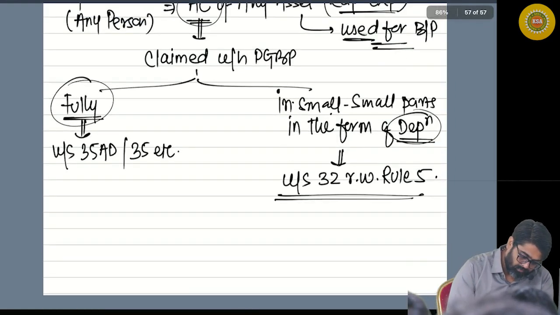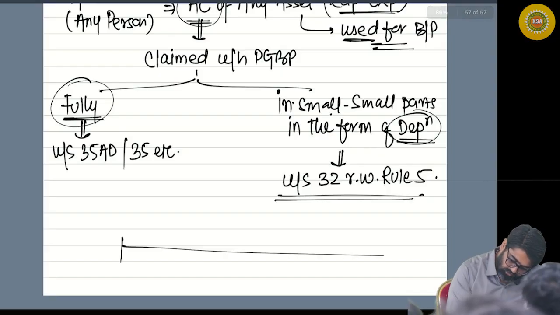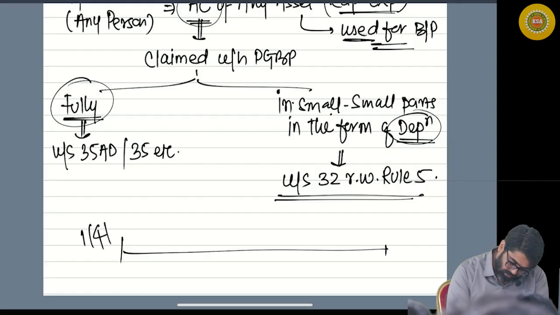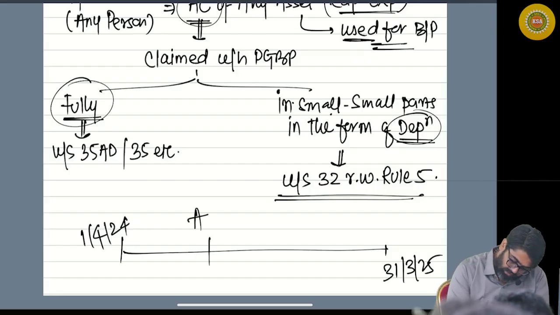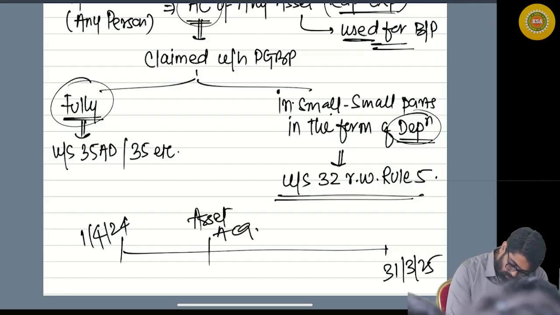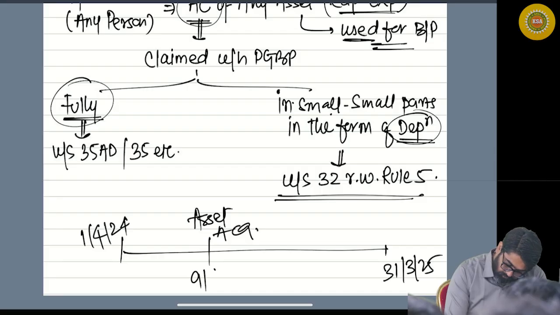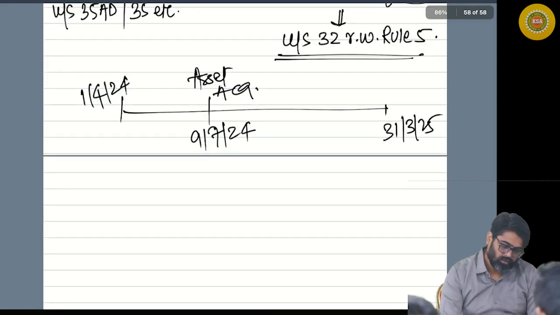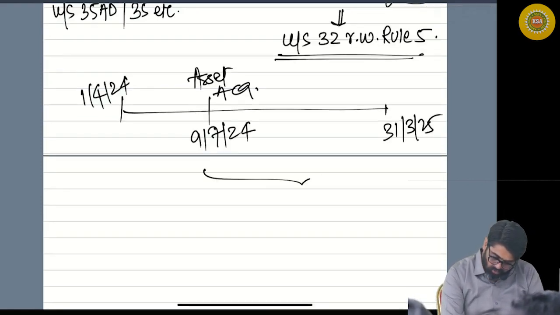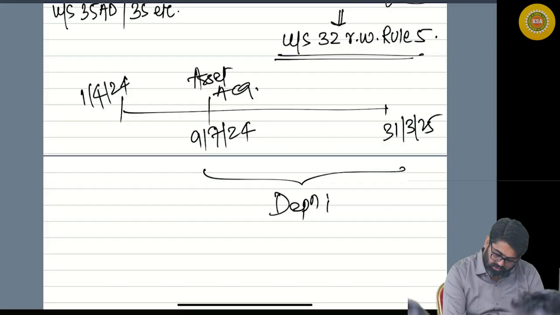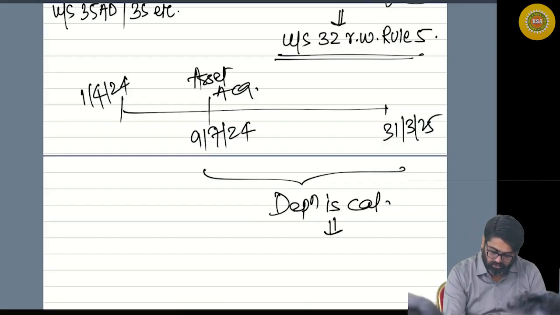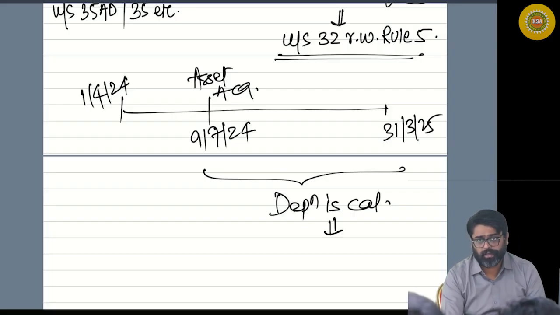What we usually do: if this is my financial year 24-25, 1st April 2024 to 31st March 2025, and one asset is acquired or purchased on 9th July 2024, from 9th July to 31st March depreciation is calculated, and that depreciation is charged in P&L.